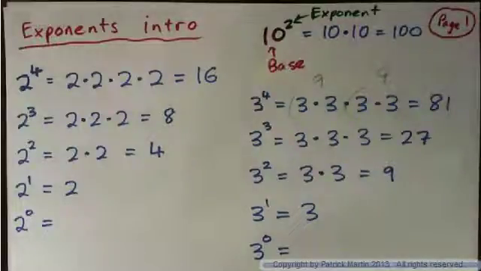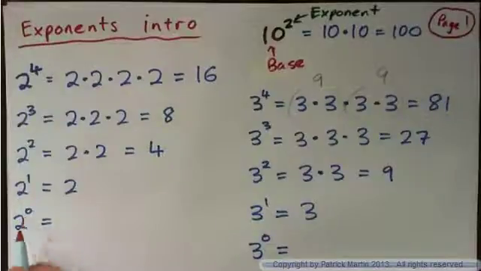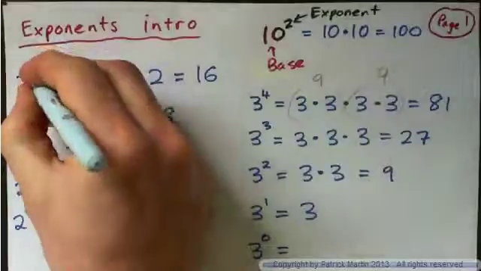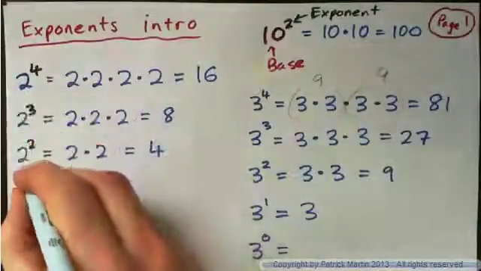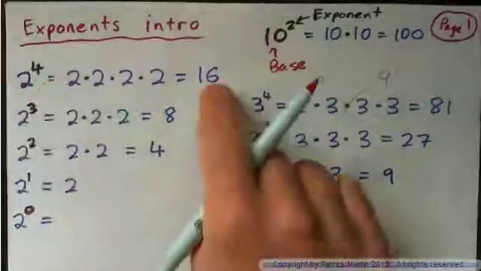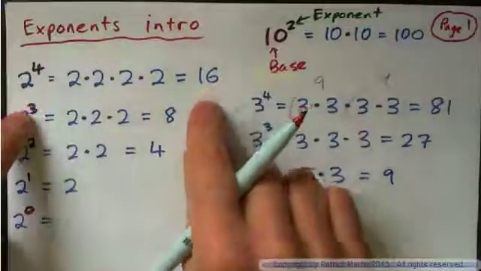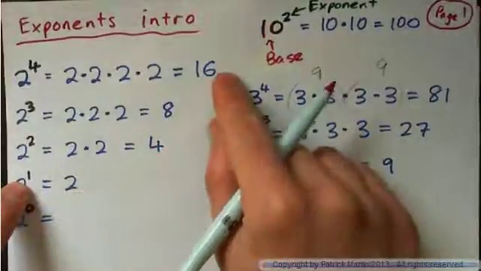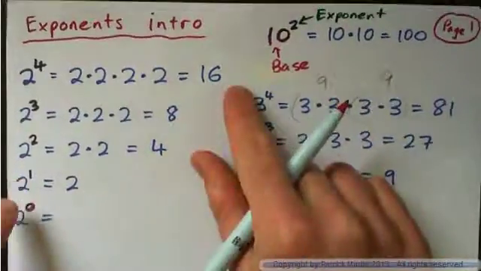One way of understanding where the power of 0 comes from is to look at this as a sequence that goes 4, 3, 2, 1, 0. Now, 2 to the power of 4 was 16, and then we went down a number and we got 8. We went down a number, we got 4. We went down a number, we got 2. But what is happening?